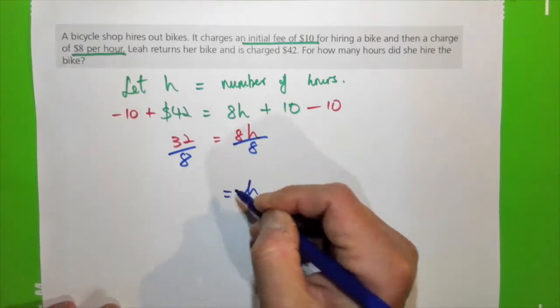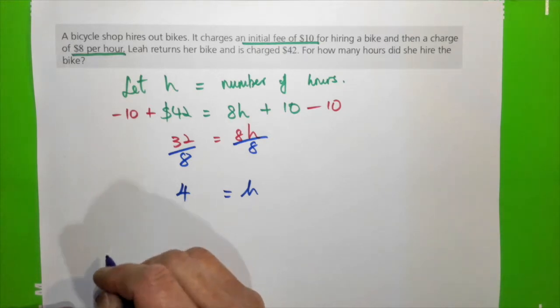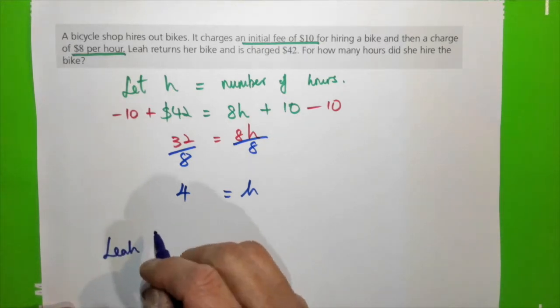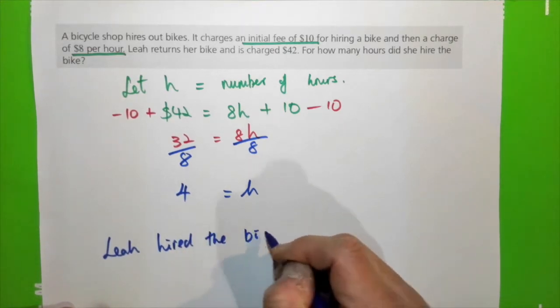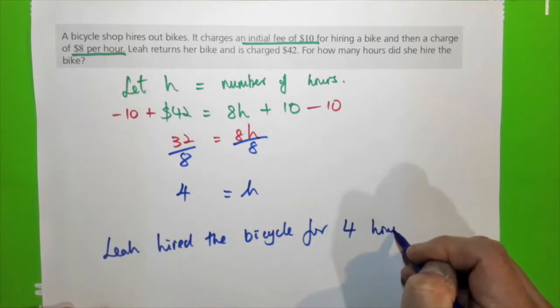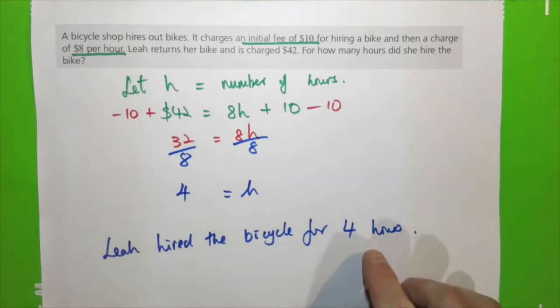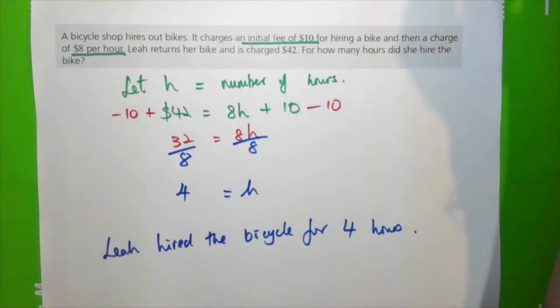Therefore, h equals 4. So, what we should answer is Leah hired the bicycle for 4 hours. It is very important for you to write this. That is actually answering the question.